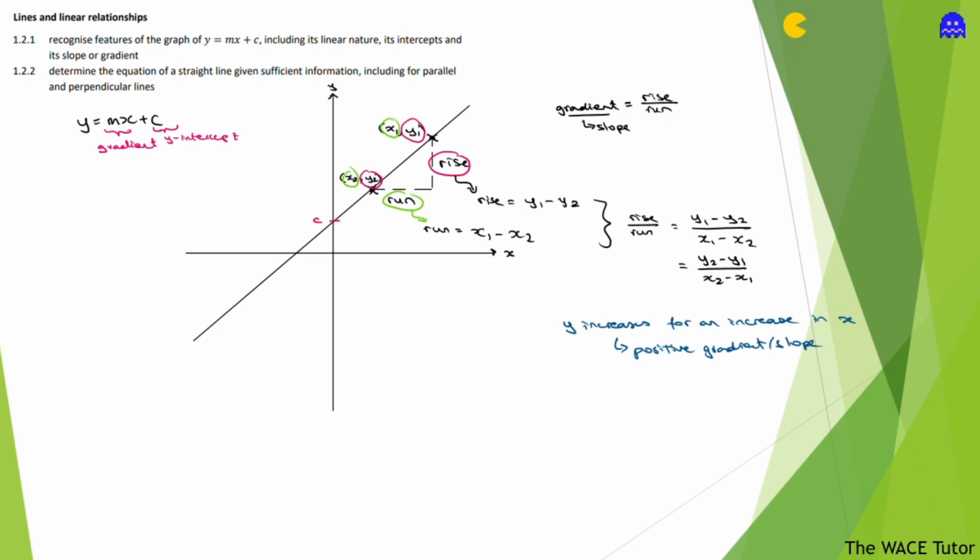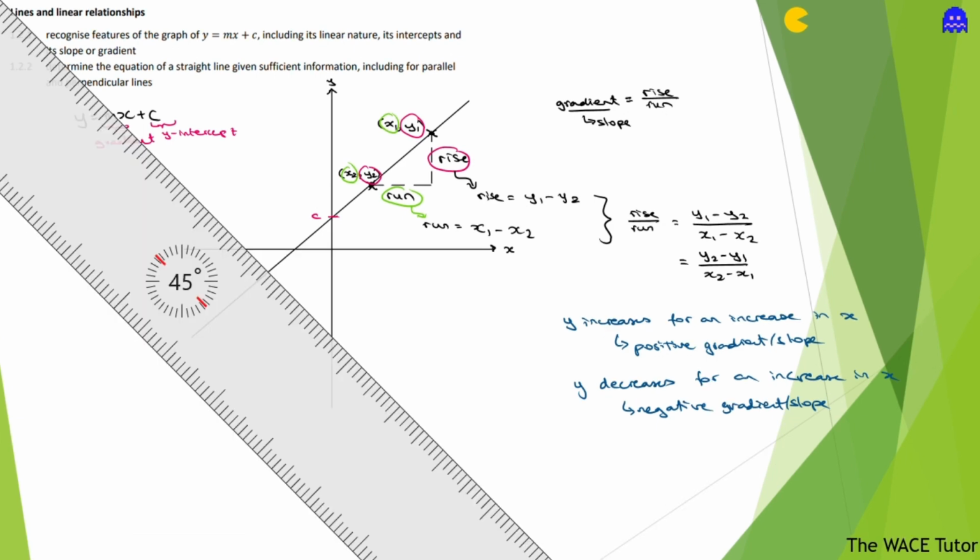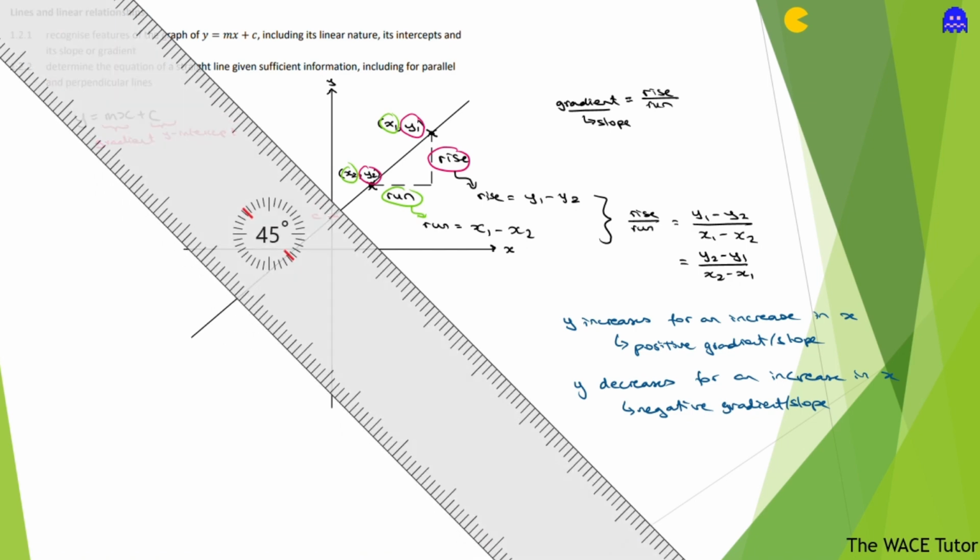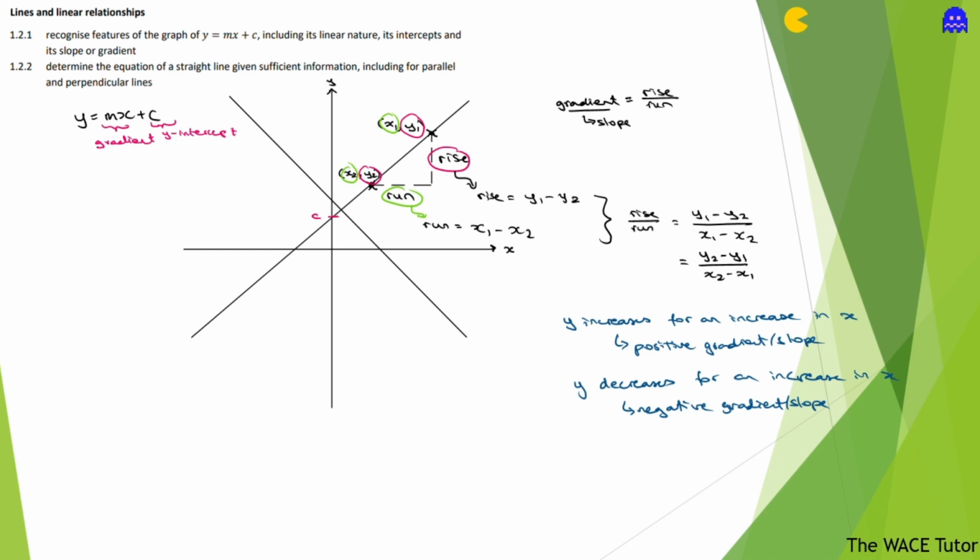If, on the other hand, we have a decrease in y, so y decreases for an increase in x, this would imply that we have a negative gradient, or slope, and the line would look something like this. Okay, so this is a negative gradient, and this is a positive gradient.